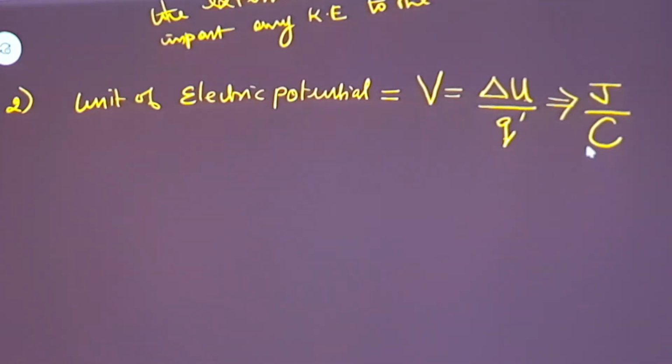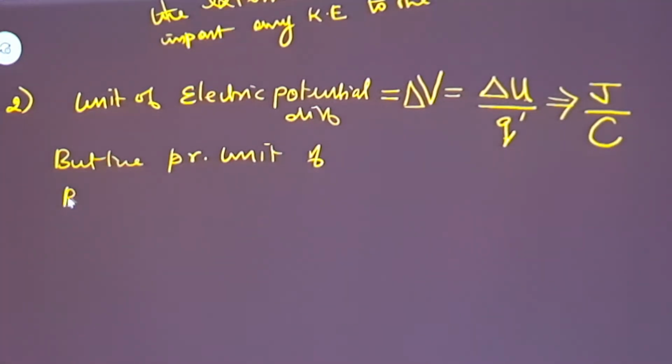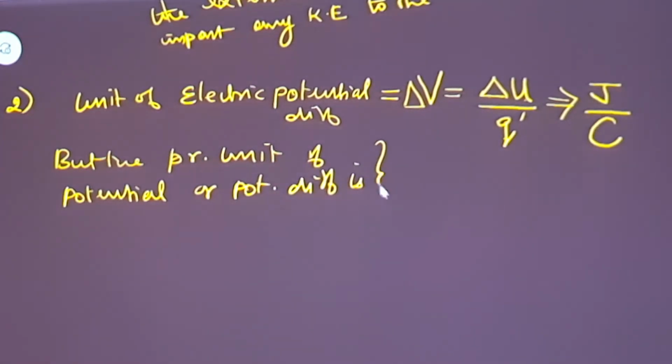So joule per coulomb is considered the unit for electric potential or electric potential difference, V or delta V. But the practical unit of potential or potential difference is volt, represented by the unit V.